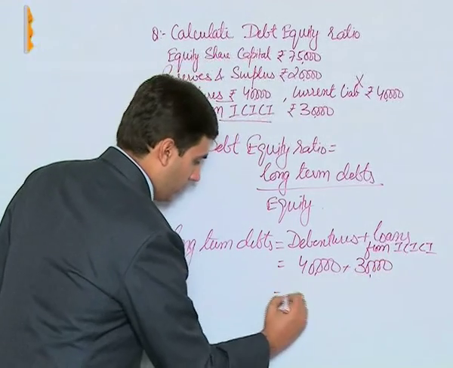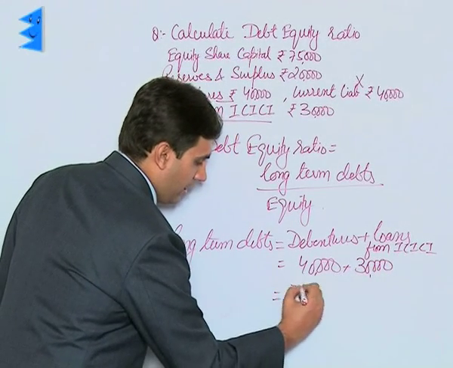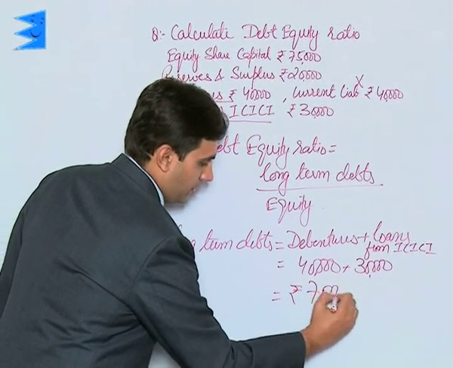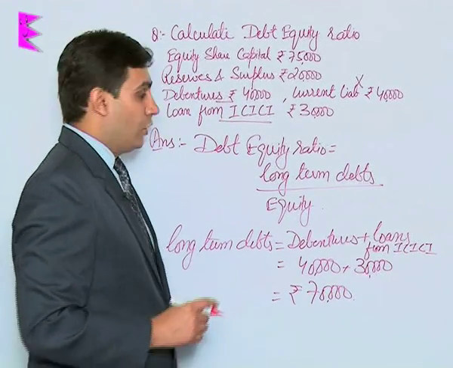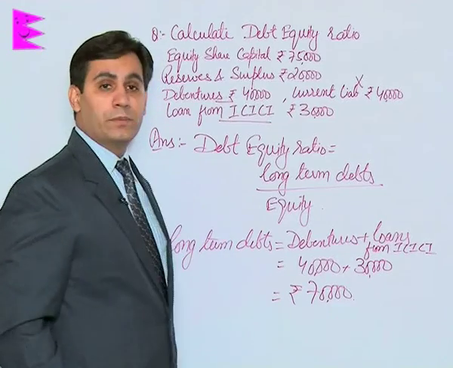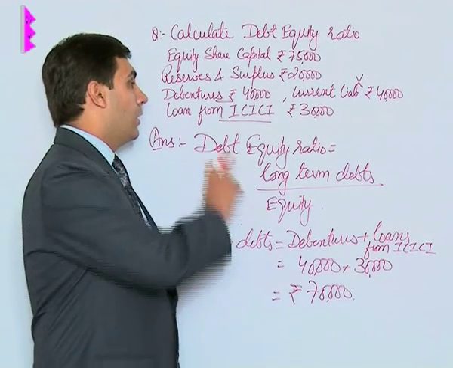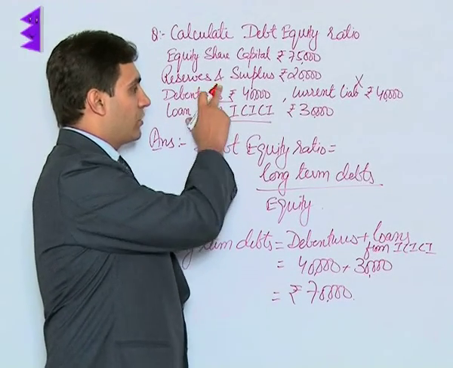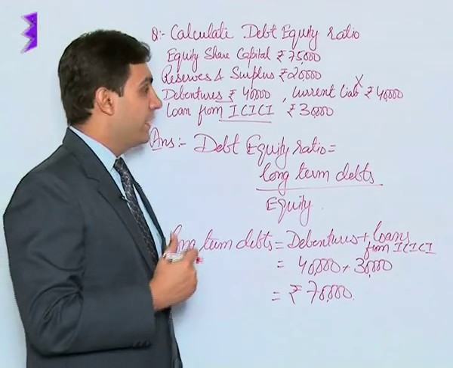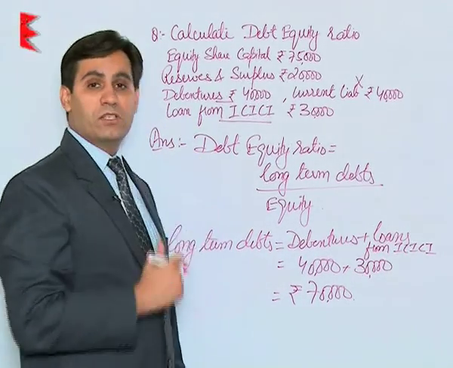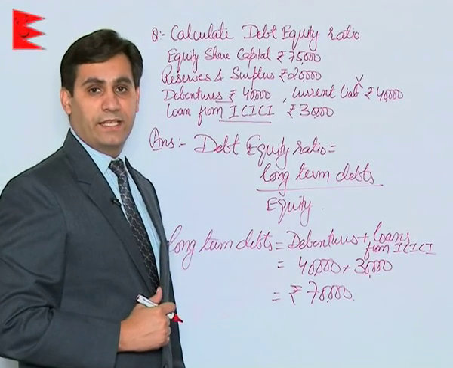So the total long-term debts we have are rupees 70,000. So students, we have calculated long-term debts by adding the long-term resources that were given here, that is outside sources, which included debentures and loan from ICICI.